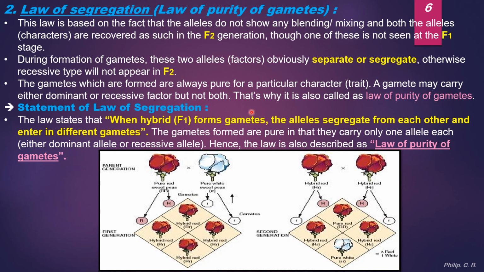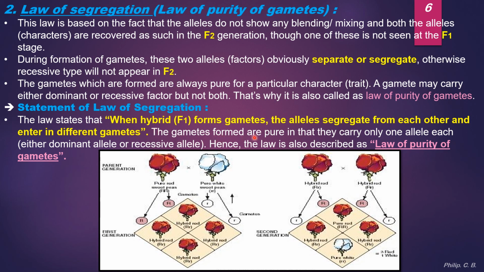The statement of the law of segregation states that when hybrid F1 forms gametes, the alleles segregate from each other and enter different gametes. So the alleles or the factors segregate, or in simple words, separate from each other.